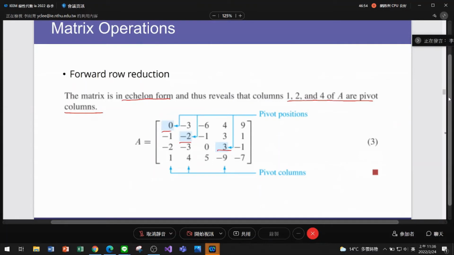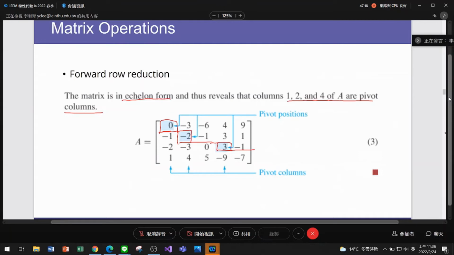And then you can also match these positions with the stair shape of the echelon form. And then we will find out that the pivot position is the place where we have a break point.